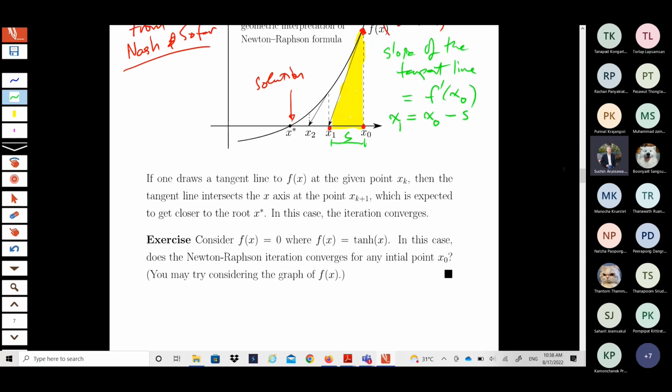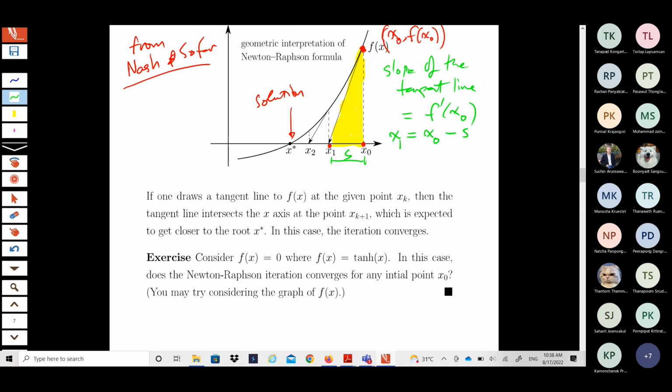So when we look at this triangle, what is the value of S? We use the tangent of this angle theta.